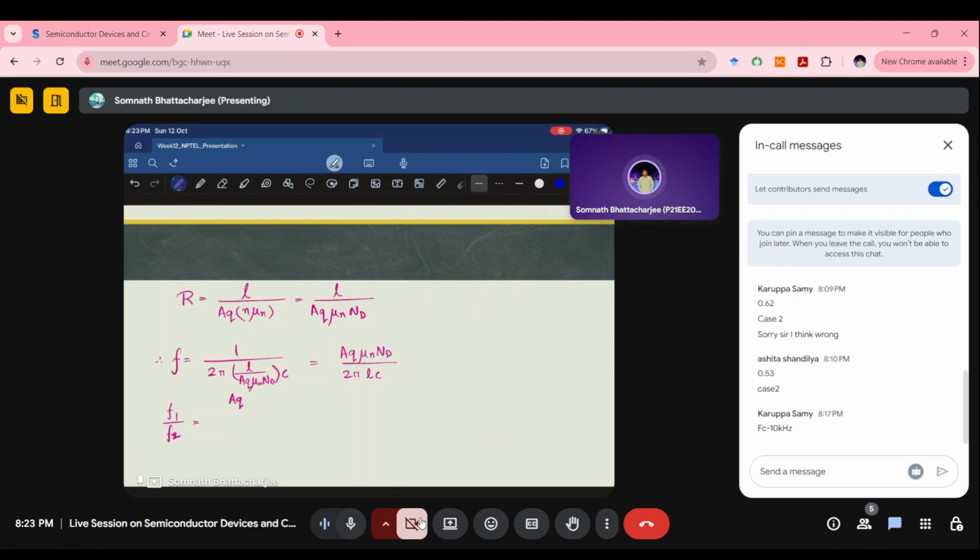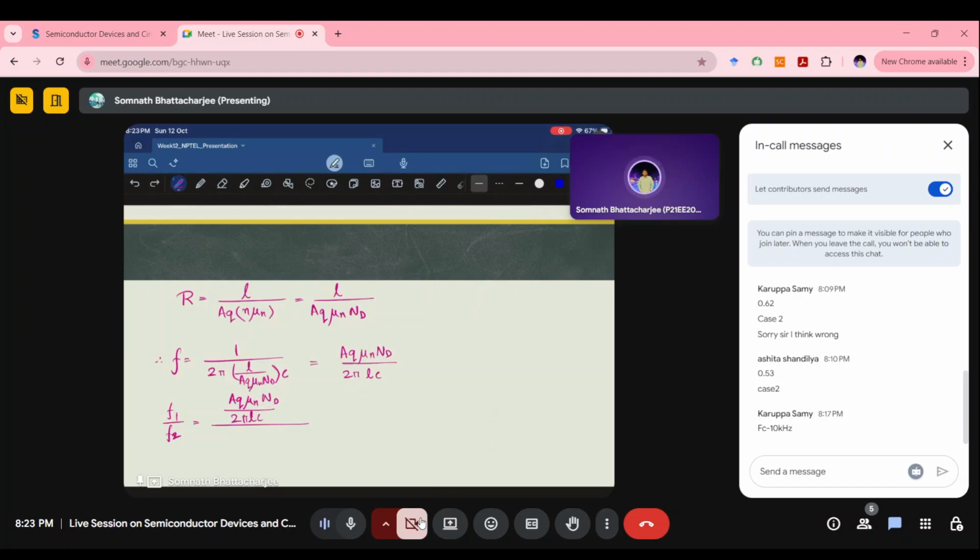So A q remains the same because the area and the charge are all the same. Mu n is also the same. Nd divided by 2 pi L C. So they are changing this value only.